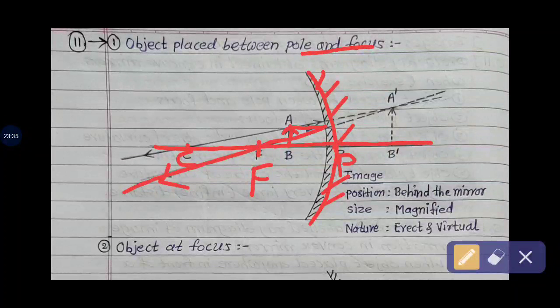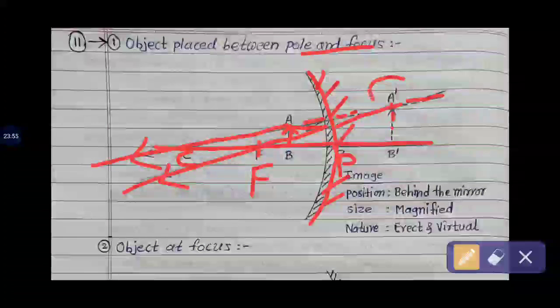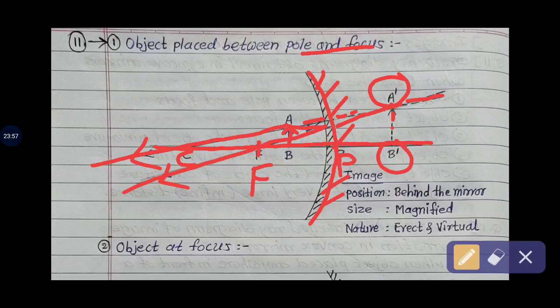And the second incident ray passes directly through the center of curvature, so a straight line up to the mirror and then extend in a backward direction. These two reflected rays diverge from each other, do not meet each other, so extend them in a backward direction by dotted lines. So they appear to meet at one point, that is A dash and B dash.